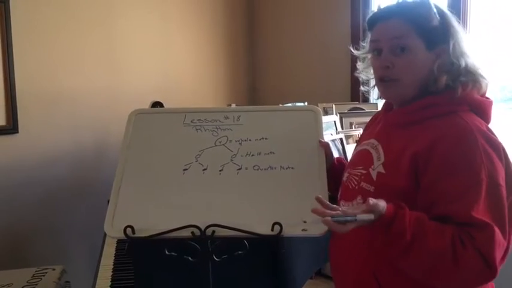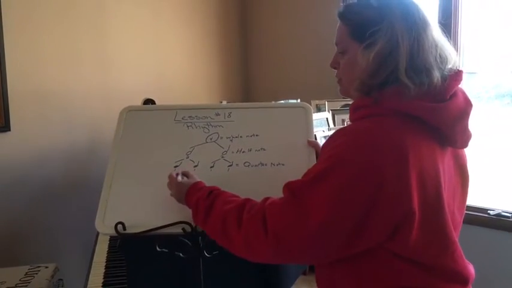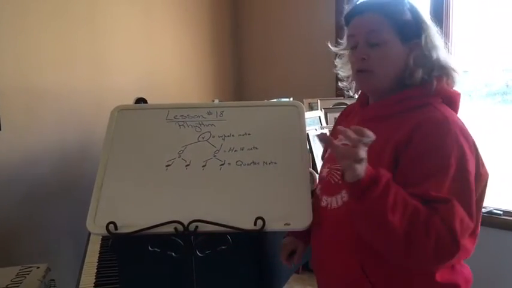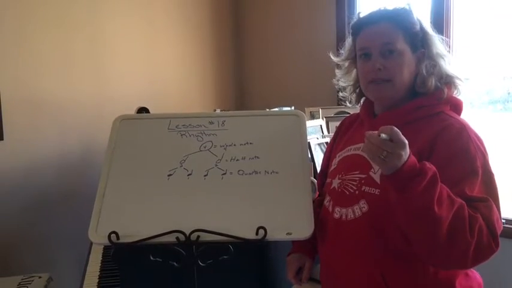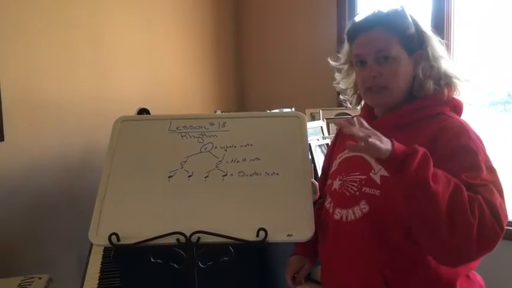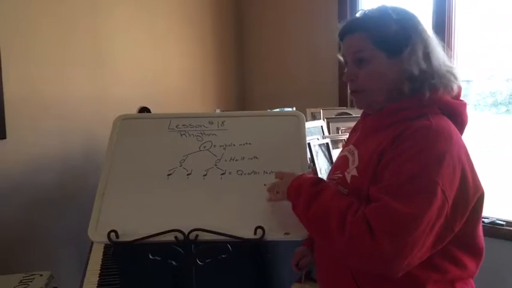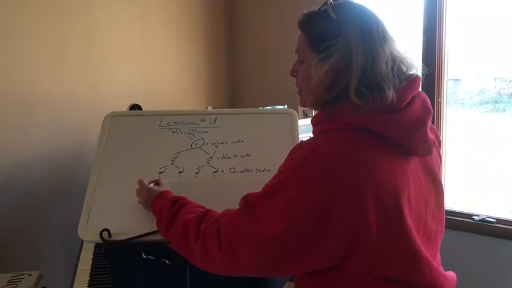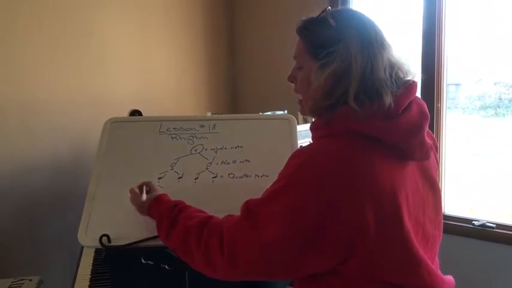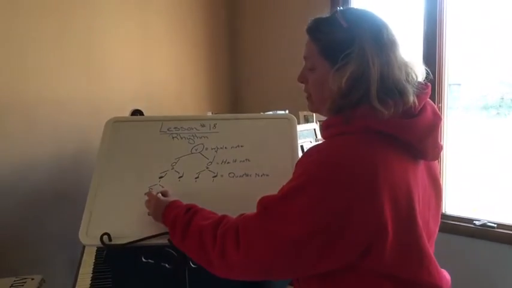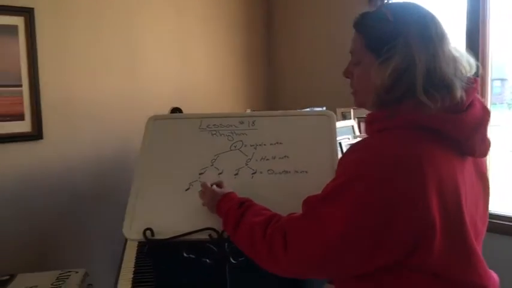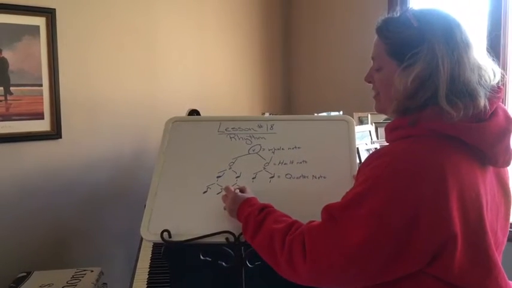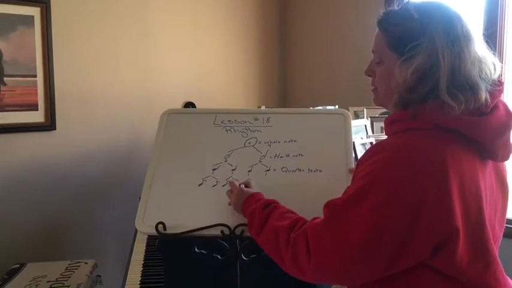Now, yesterday we learned about that eighth note. We said we could put them in groups of 2 or we could put them in singular. We're going to do the single version for our pyramid. So we're going to break this up here, add the flag for that single eighth note, break it up here, and break this up.